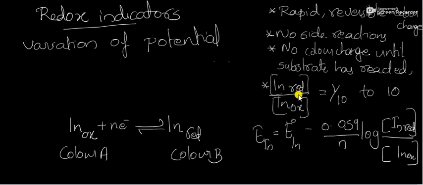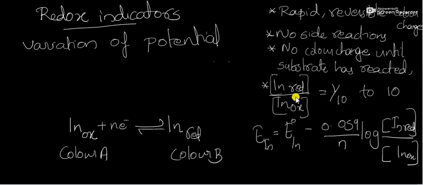That is, perceptible color change between oxidized and reduced forms of the indicator requires a change in concentration ratio of reduced form to oxidized form from 1 by 10 to 10.